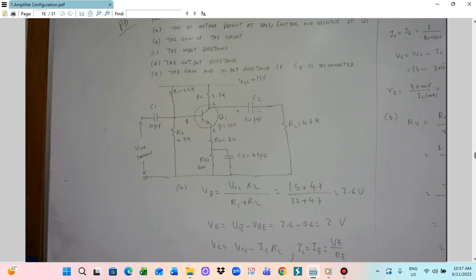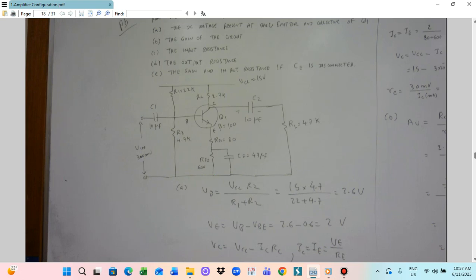And also we need to calculate VC. The VC formula will be VCC minus IC into RC. To get VC, we have to know IC, and we don't know IC exactly, so we have to use a formula. IC is approximately equal to IE, which is VE by RE.